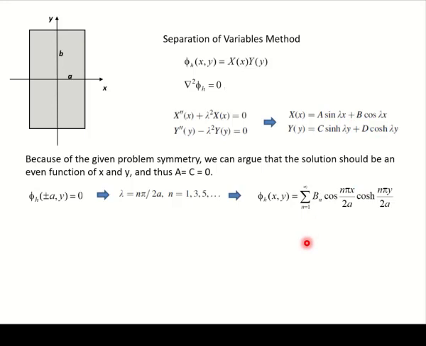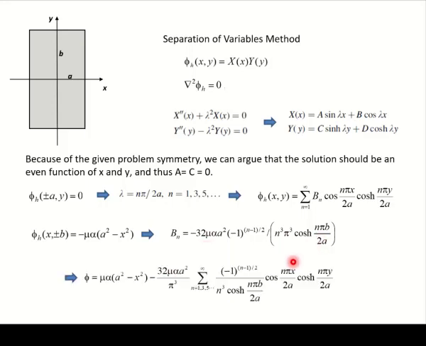Then I have one more condition. I also know that when y is equal to plus or minus b, my stress function should be this value. From there I can also find this constant bn, which is given by this equation, and then if you combine all of them, this will be your stress function.